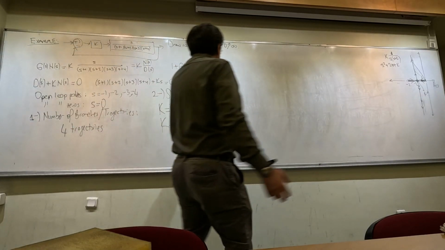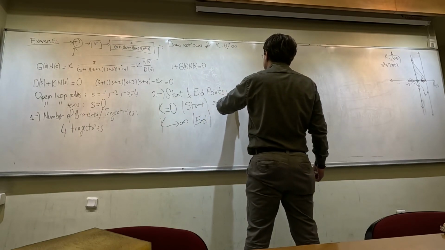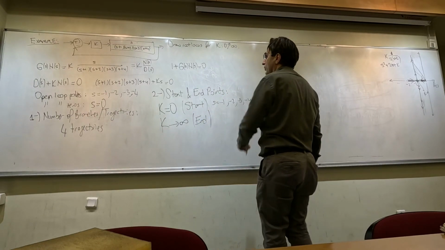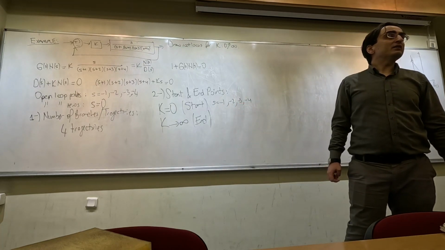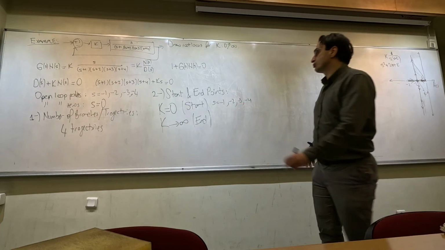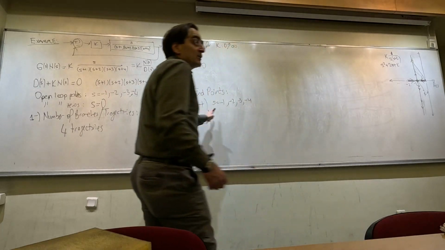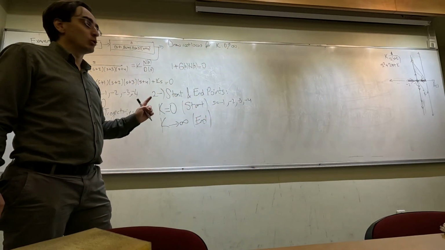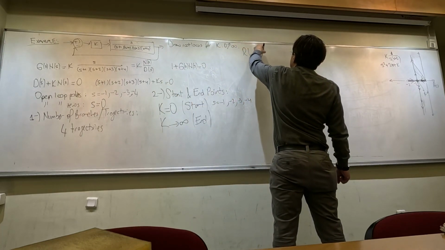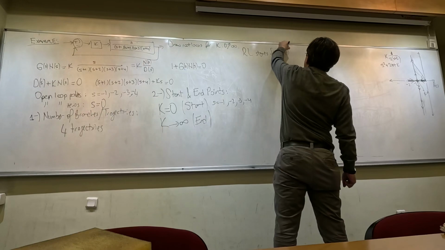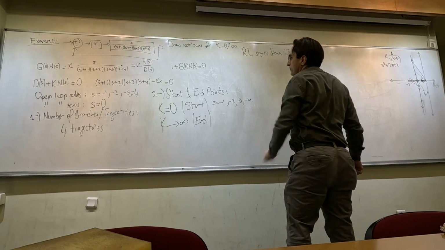They are at s equals to -1, -2, -3, and -4. But what are these numbers? These are the open loop poles. So the root locus starts from open loop poles.